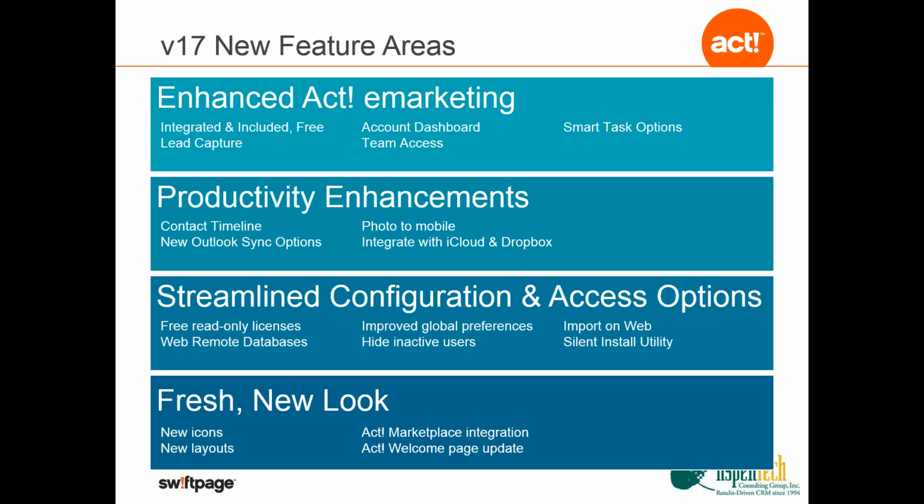And we can now link your important files in iCloud, Dropbox, SharePoint, other cloud storage applications directly with your ACT contacts. Under the streamlined configuration and access options, we have free read-only browse licenses. On ACT Pro, you're limited to 10 total users, but there is no limit on ACT Premium. So think about who else you'd like to have see your ACT contacts and your ACT records, but who doesn't currently have a license allocated for them.